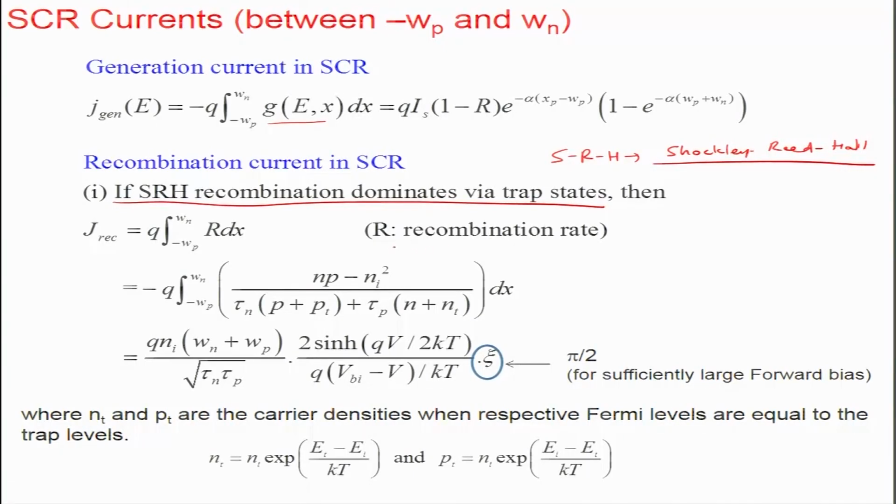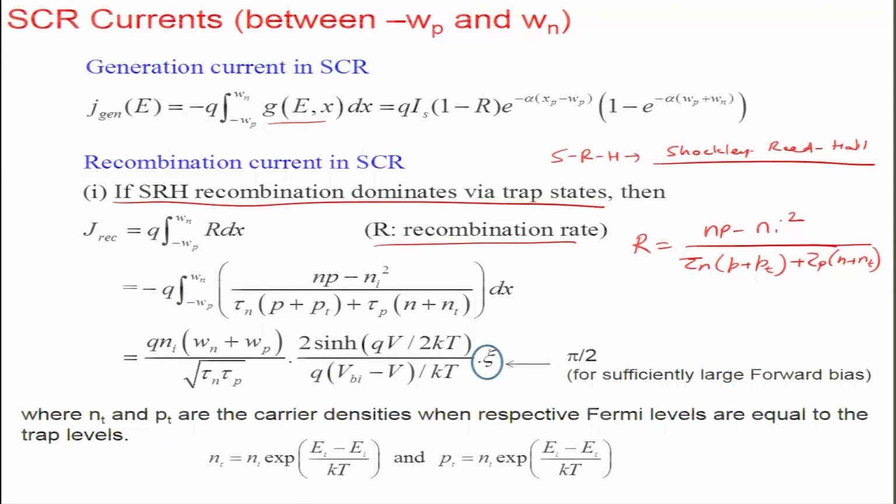Now you put in R, the recombination rate for the Shockley-Read-Hall mechanism. The recombination rate is given by the expression that we wrote earlier also: R is equal to (np minus ni squared) divided by [tau_n (p plus pt) plus tau_p (n plus nt)]. Here n and p are the electron and hole concentrations, ni is the intrinsic carrier concentration, tau_n is the lifetime of electrons, pt is the hole trap density, and nt is the electron trap density.